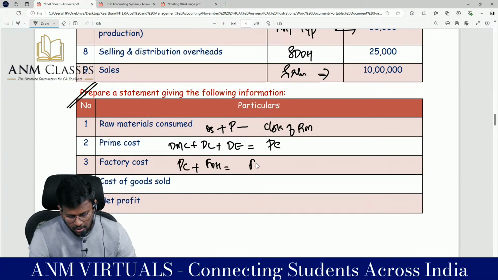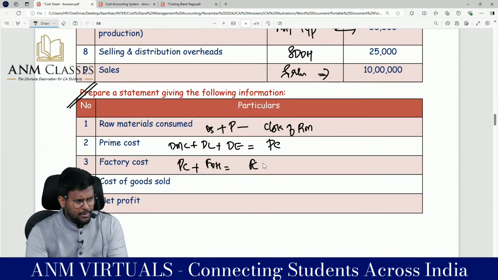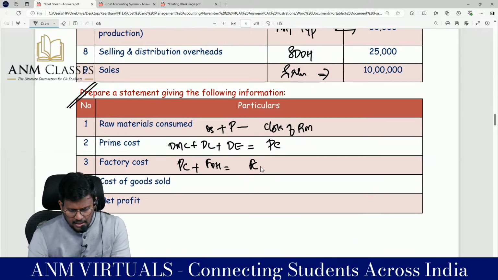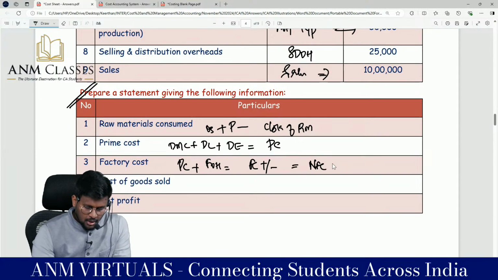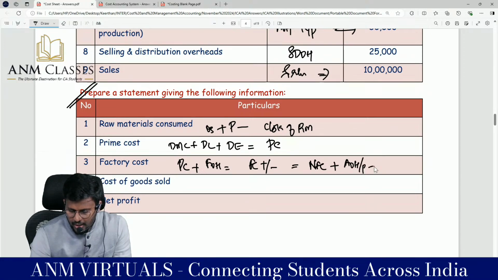In the question there is WIP, so add opening stock of WIP and minus closing stock of WIP to give the net factory cost. To that net factory cost you add the administration overhead related to production. You will get the cost of production.